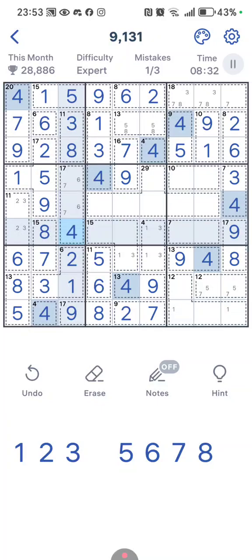Okay. So where were we? 1, 2. And so then it is 3 and 6. 3 is there. 6 is there. So that has to be 1.